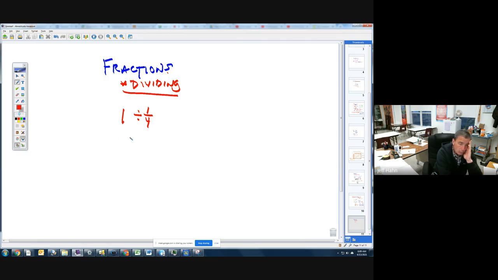So if you had $1, a dollar bill, and I asked you how many quarters you can get out of a dollar, you would tell me there are 4 quarters in a dollar. So the answer is 4, which is kind of goofy because usually when we divide, we get a smaller number, but when you divide by fractions, you actually get a bigger number.